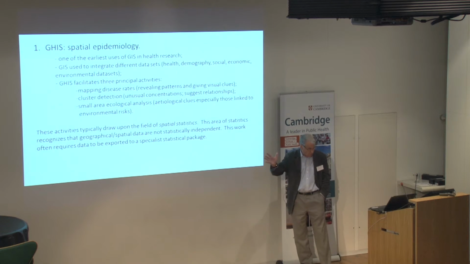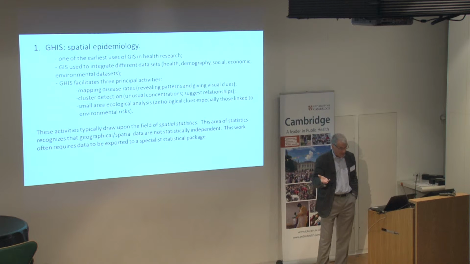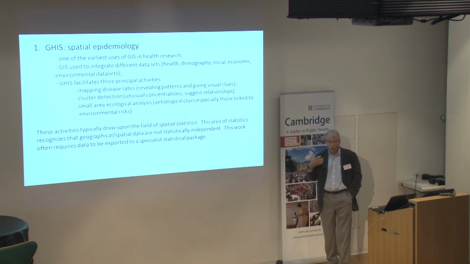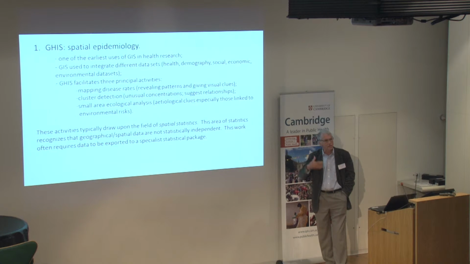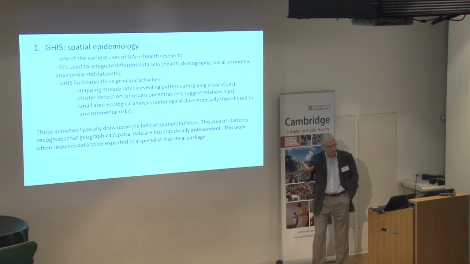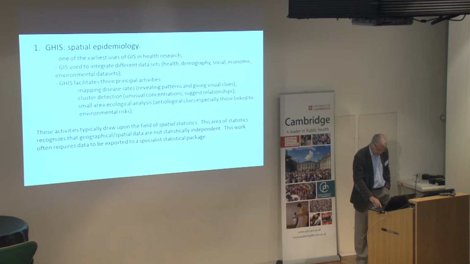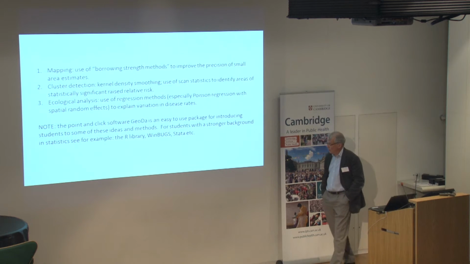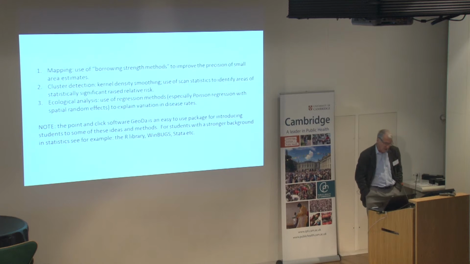And I'm certainly not going to talk about spatial statistics except to say this is an area of statistics that recognizes the fact that geographical or spatial data do not meet the traditional expectations of independent data, so that you need to use specialist software in order to fit models and carry out analyses which recognize the spatial structure of the data, and from a purely statistical point of view, the non-independence of the data if one is testing hypotheses.